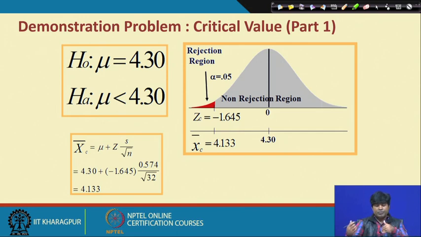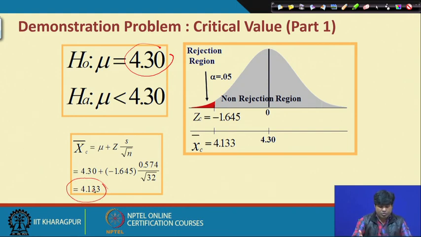lower bound and upper bound through which your sample statistic can be represented. In this case, the upper bound will be mu plus z s by root n. That is actually 4.133, but the mean value is coming 4.30, and here one particular critical value will be 4.133.